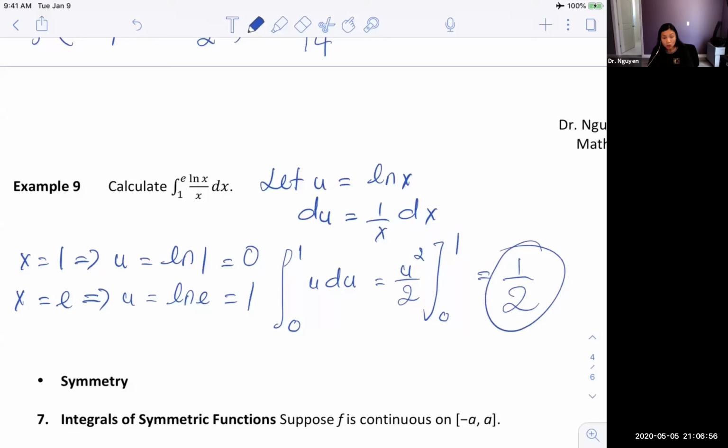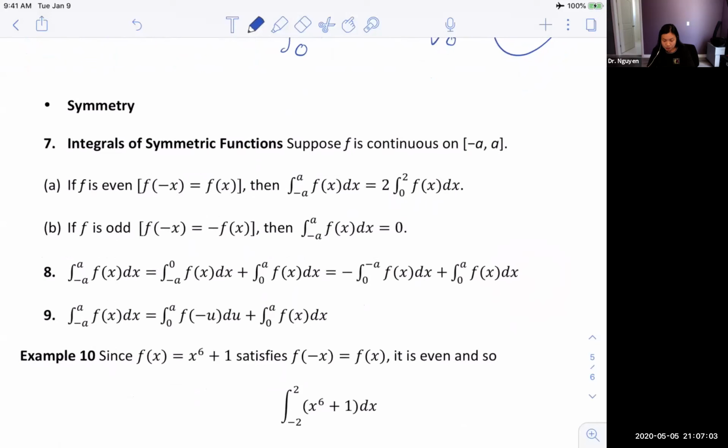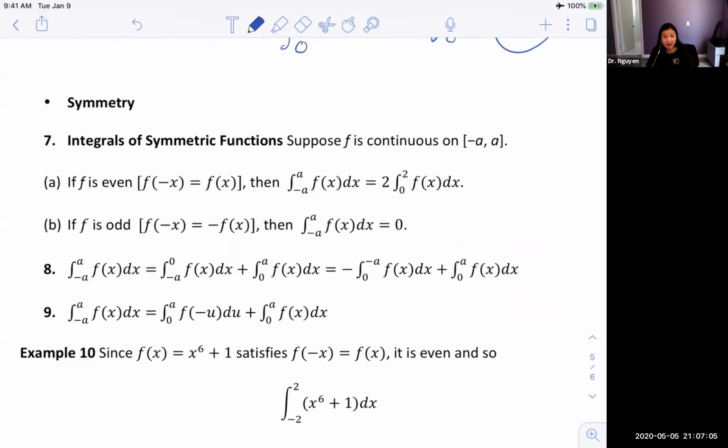Now I want to quickly go over symmetry with you because it's really easy. So you can see right here, if f is continuous on -a to positive a, and if f is even, and that's the definition of even right there, f of -x equals f of x, then if you have to take the integral from -a to a, you can just take from 0 to a, and then you double it, okay?